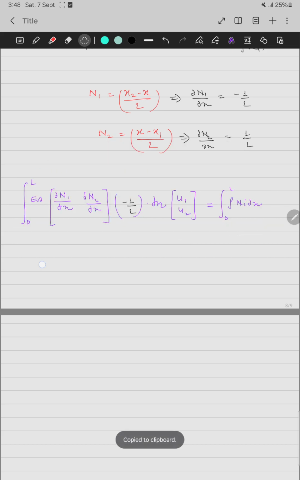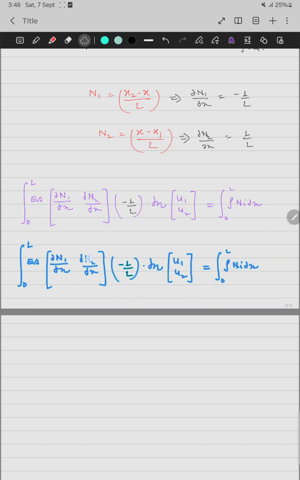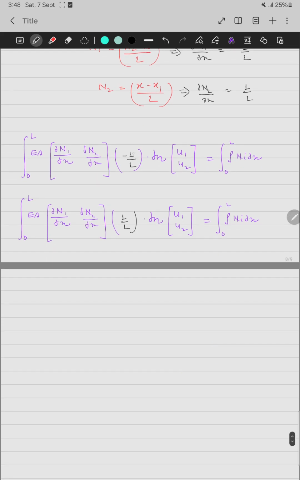I will do the same thing here, and at this location we'll get del N2 by del x, so I will put this value 1 by L here. Got it, right? And one more observation: since this is constant, it will also get out of this integration.